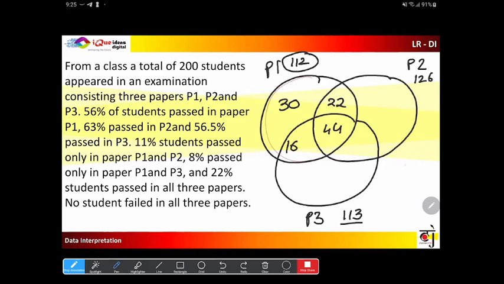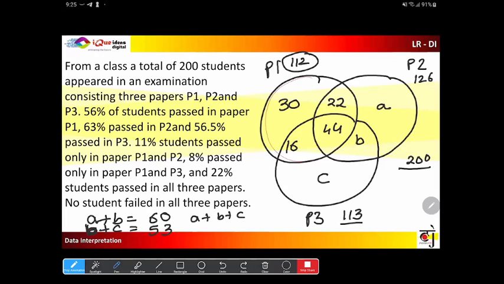We also know that the total of all is supposed to be 200. So if I put this as A, this as B, and this as C, A plus B should be equal to 126 minus 66, which is equal to 60. B plus C is 113 minus 60, which is equal to 53. Also, can I calculate the value of A plus B plus C?